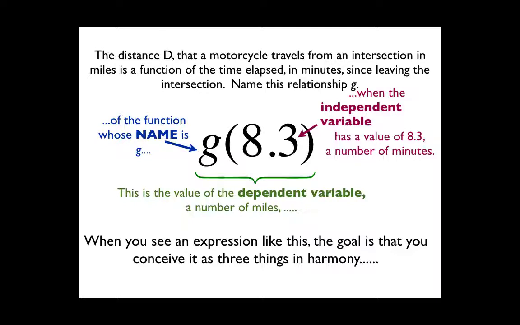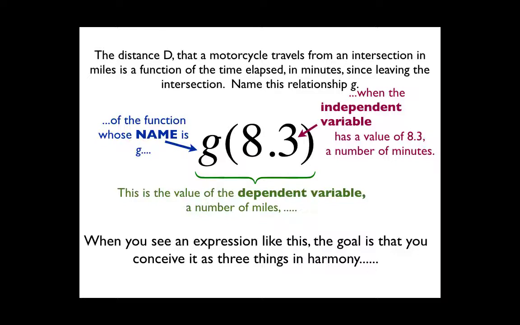So if I were thinking about graphing the distance that the motorcycle had traveled past the intersection, say, well, at time 0, it's at 0 miles past the intersection because it's all relative to the way the variables are set up, the way the quantities are related. At time 0, it's 0 miles past the intersection because it's relative to that.